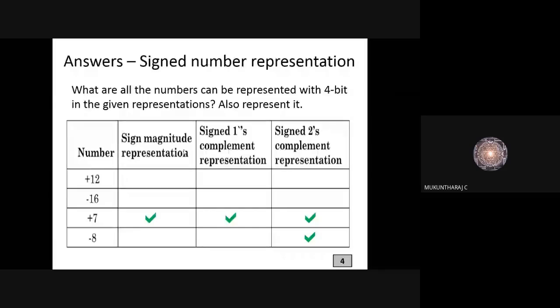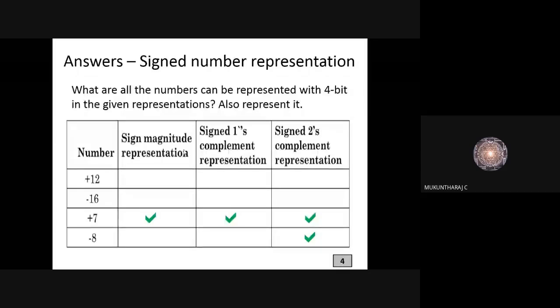But what about plus 12 and minus 16? Look at the question: we have to represent the number in 4 bits. In the case of 4 bits, in signed magnitude representation you can only represent from minus 7 to plus 7.